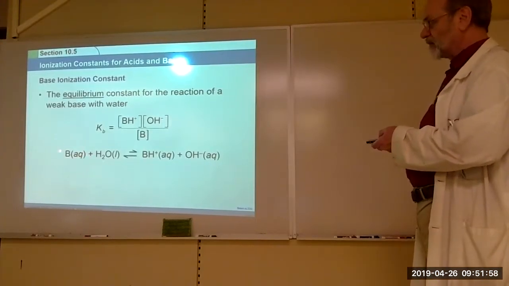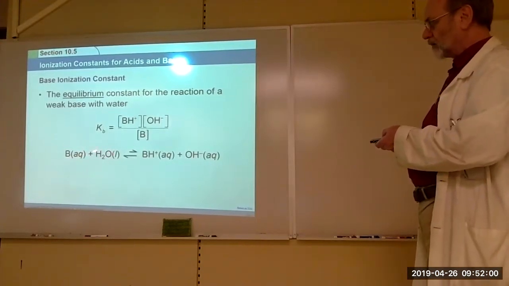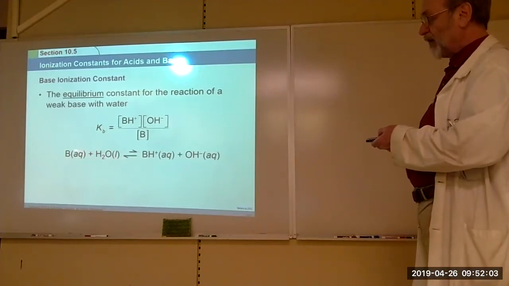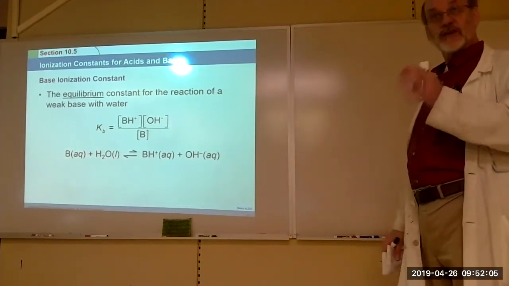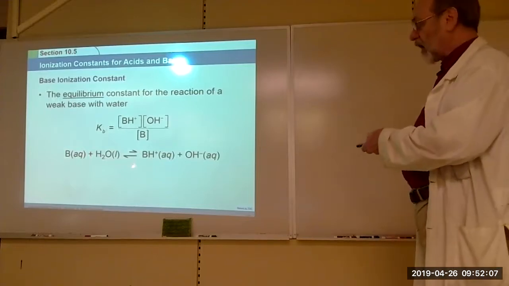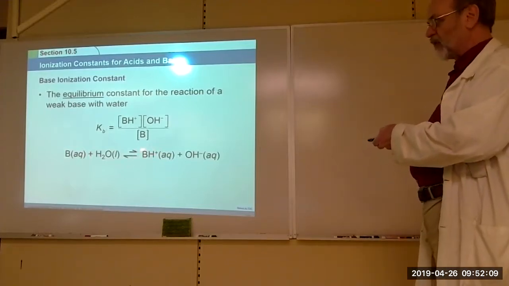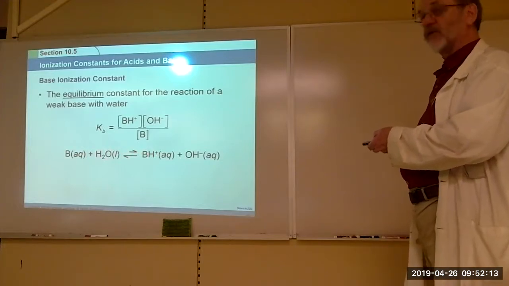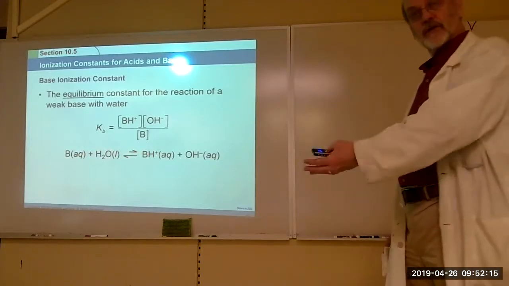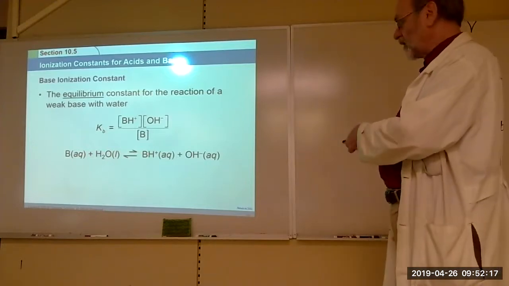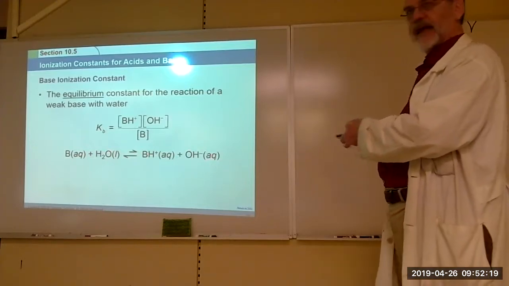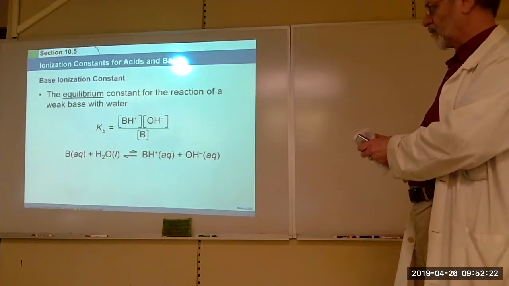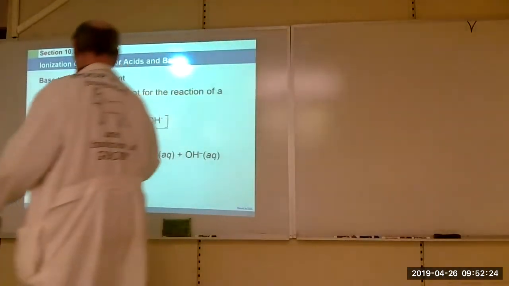So we take the base, react it with water, and the base, of course, has to be a proton acceptor. So now the conjugate acid of the base has this extra proton. And this was the proton donor, so in this case, water is the acid. And now this is the conjugate base of that acid.